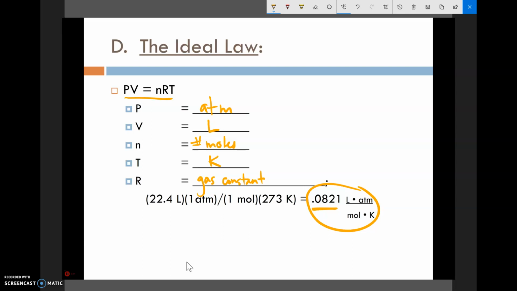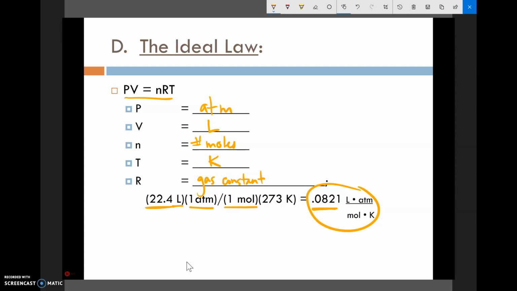How they get the gas constant is by taking all of the other values and doing an equation out of them. So remember our value for volume right here. This is how they're calculating the R. Remember, 1 mole of gas is equal to 22.4 liters. At STP, which is standard temperature and pressure, our pressure is 1 atmosphere. We're dealing with all of this at 1 mole.